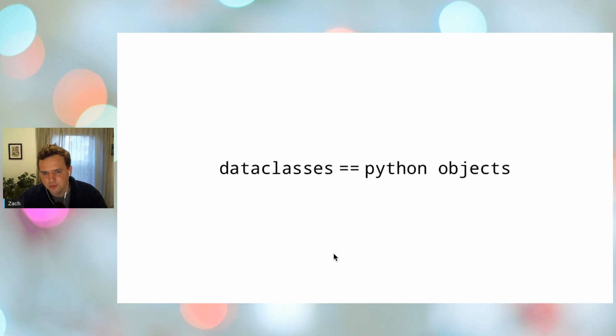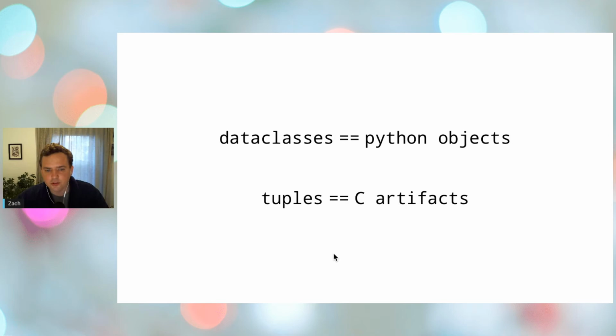And that's not the case for a NamedTuple. A data class is a Python object, and all Python objects have this dict attribute, which stores the attributes on the object, whereas a tuple is a C artifact. At the C level, the tuple is an immutable structure itself. So there is true immutability for a tuple, not for a data class.